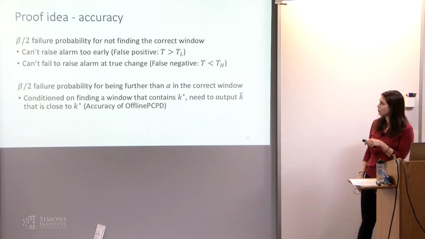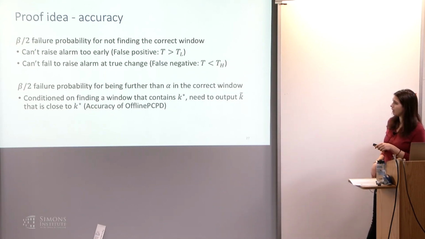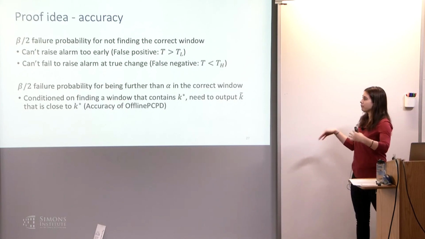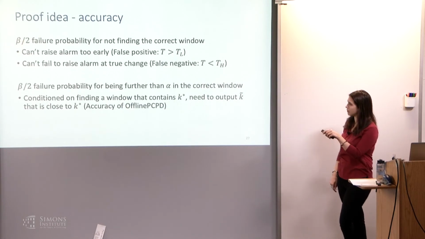And so that's the role of this TL: making sure that our threshold is high enough to have a low false positive rate, because we have to have some value above TL, and so we have to have sufficient likelihood of a change occurring. And so we bound it with this term.